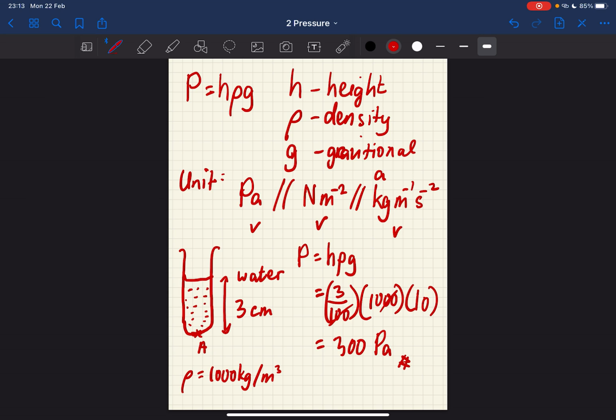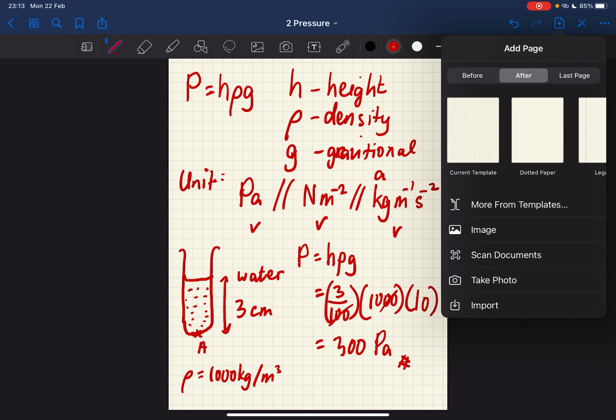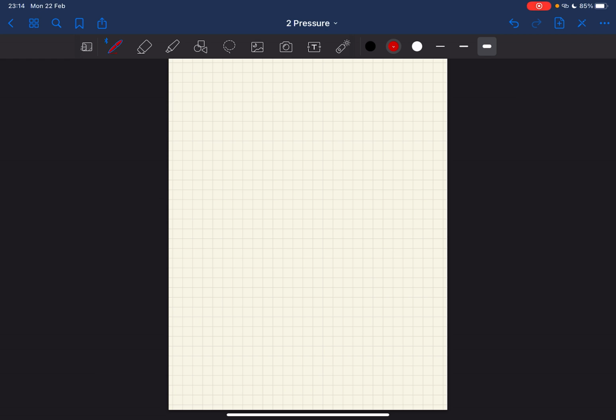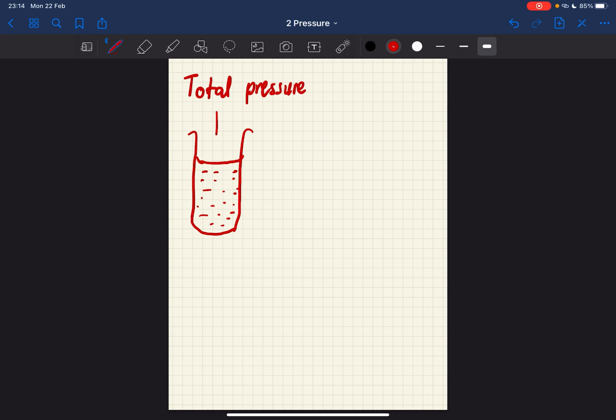Let's say the question asks, what is the total pressure at point A? When the question says total pressure, there's something you need to remember: since we are living on Earth, everything is affected by the atmosphere, and therefore we have another constant called atmospheric pressure.